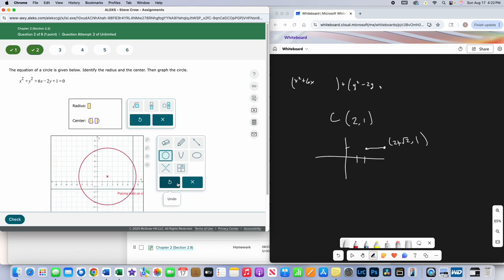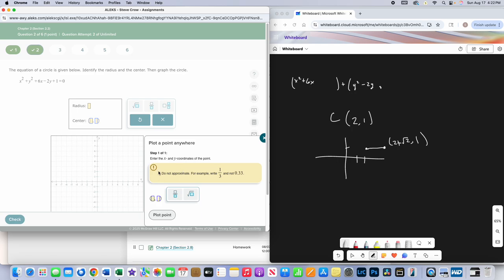Well, I tell you what, first we would need to do this. You want to plot a point, okay? And the point you would want to plot is 2 plus square root of 2, 1.